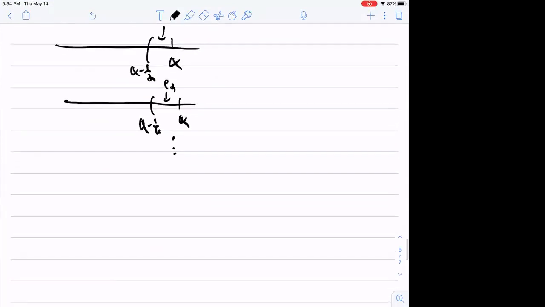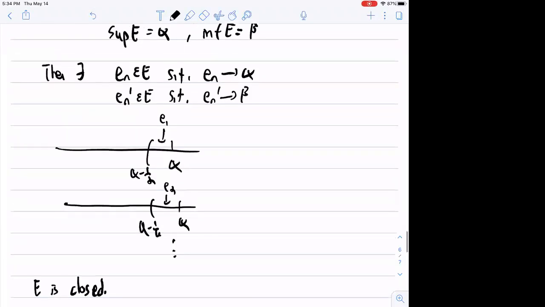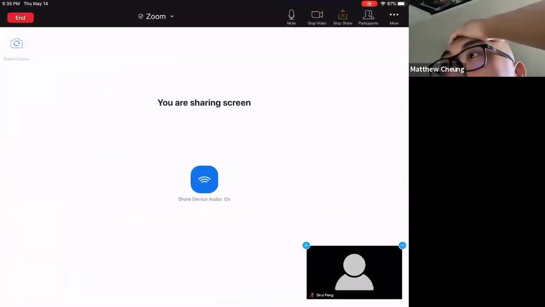Great. Now, we haven't used the other part, where E is compact. So E is bounded, but also E is closed. So if E is closed, and I have a sequence in E going to alpha, what do you know about alpha? What does it mean to be closed? Anyone?